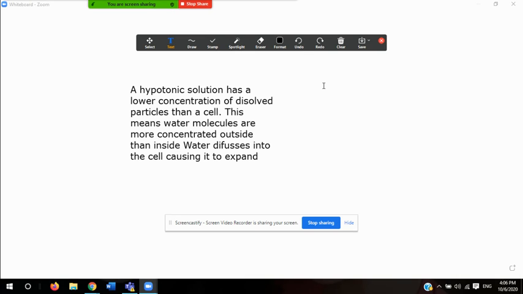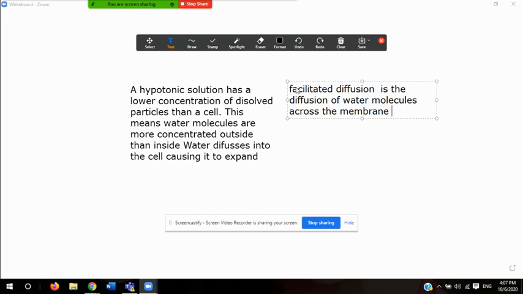Okay, facilitated diffusion. Basically, facilitated diffusion is the diffusion of molecules across the membrane through transport proteins.